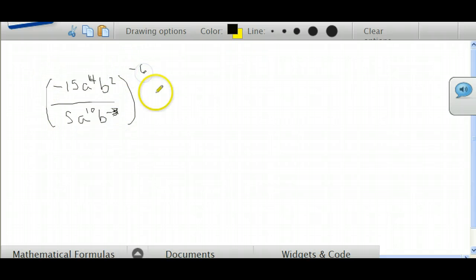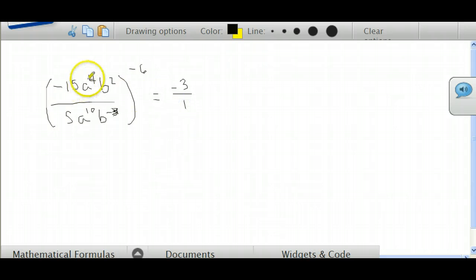Inside out says leave the negative 6 alone right now and just work on the inside. You have negative 15 divided by 5, I gave the answer away, negative 3 over 1.